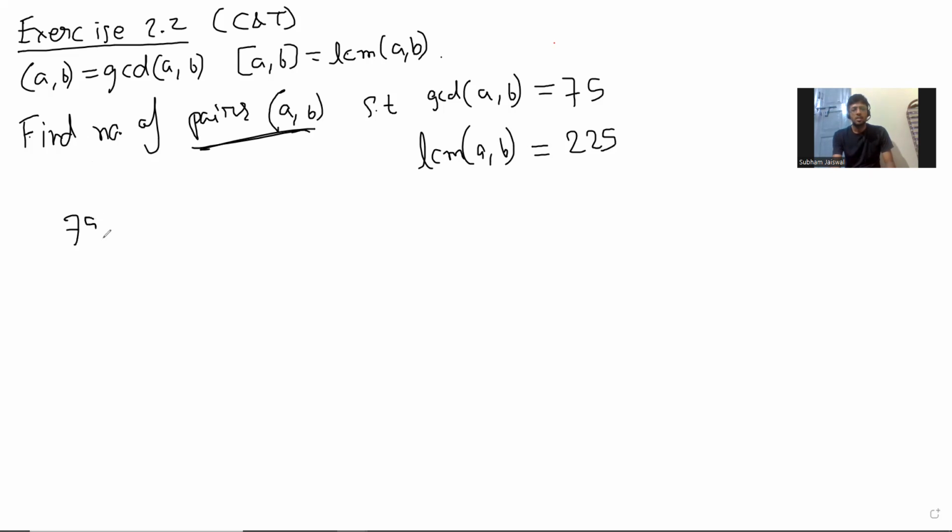Okay, let's see. So 75 and 225. The GCD. Oh, so that's because I have given a bad example. Okay, all right.